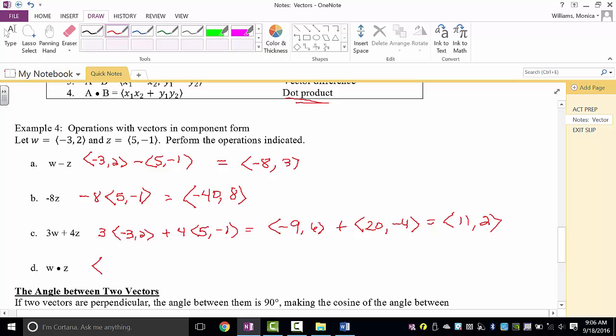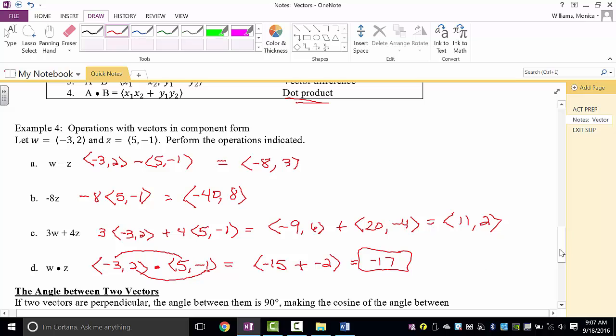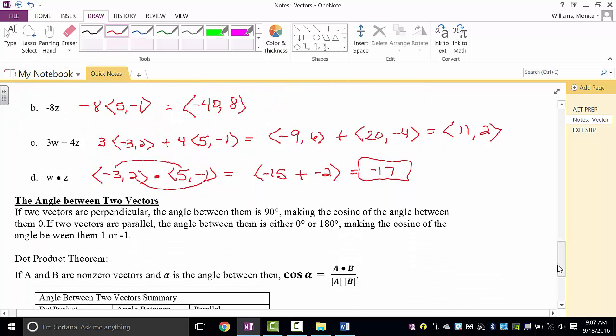So w dot product of z. Again, I multiply my two x's, negative 3 times 5. Add it to the product of my two y's. Very simple.